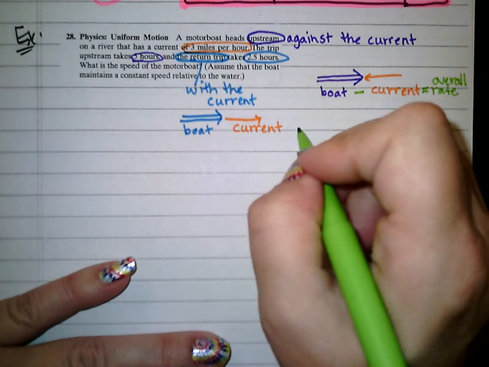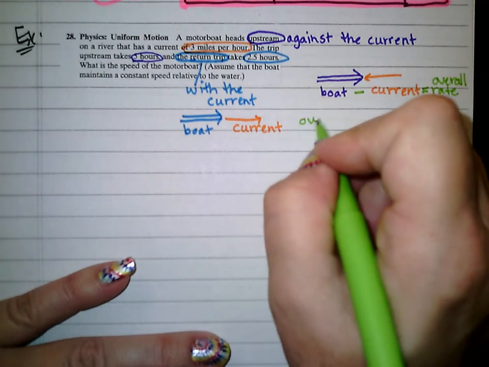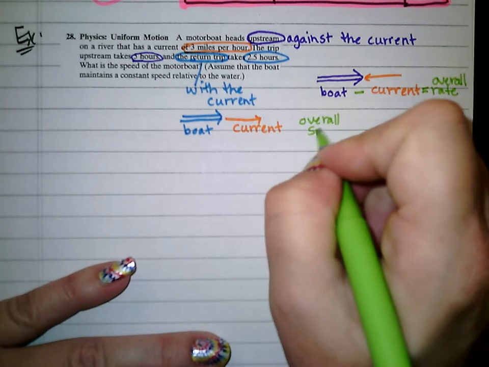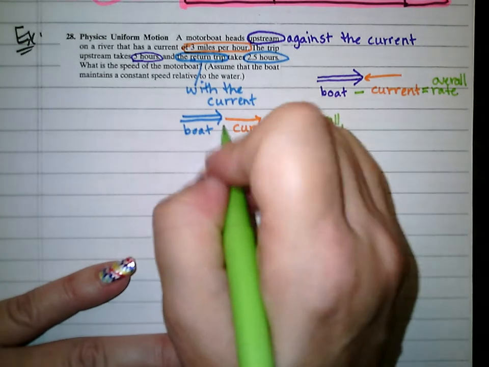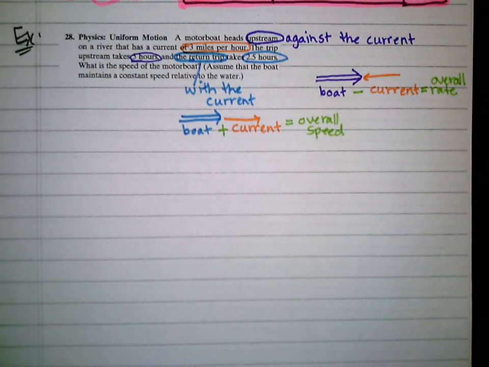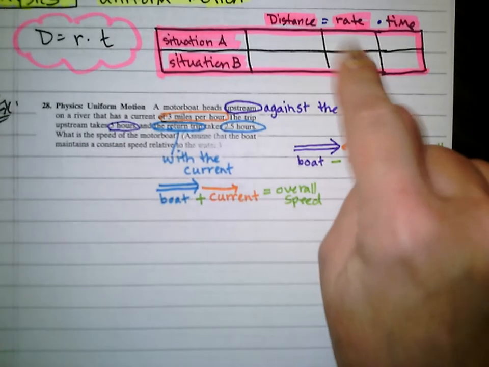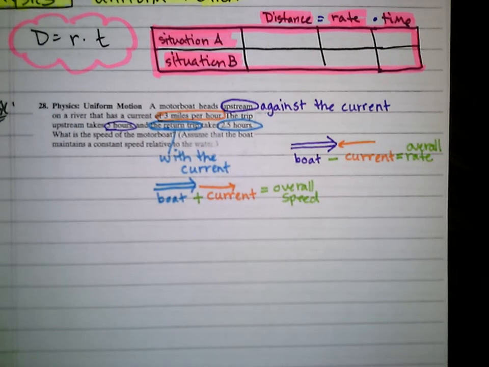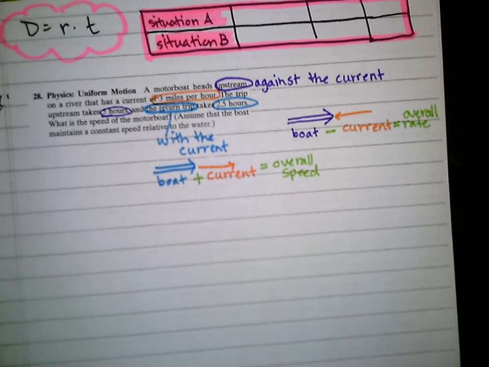But when you're going with the current, you're going to take your boat speed plus your current speed to get your overall rate, because that is going to be speeding you up. So we're going to be using this overall speed in our rate column for our distance, rate, and time chart. Okay, let's get that going.